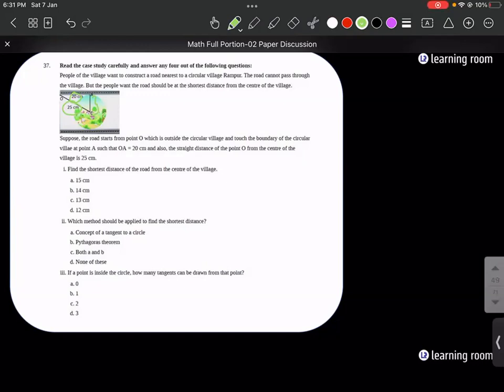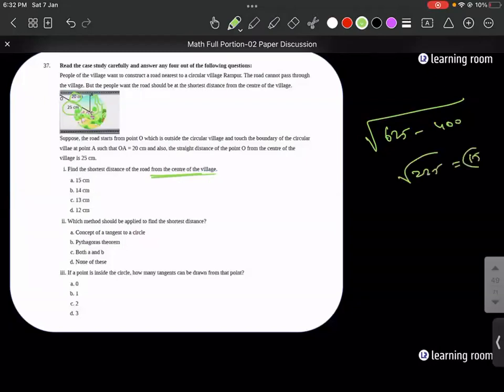Find the shortest distance of the road from the center of the village. Answer. So root of 625 minus 400, root 225, it is going to be 15.